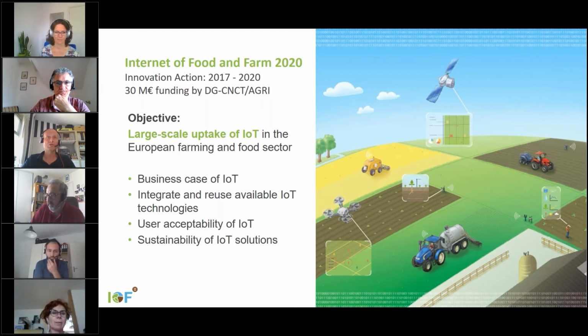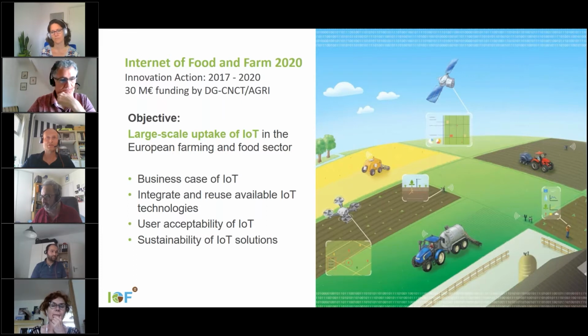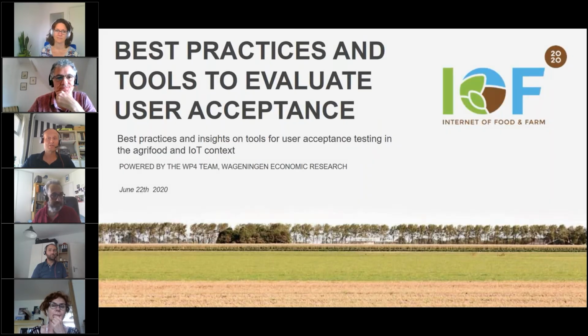This is a long-awaited first webinar in a series of more to come for 2020, and it's about best practices and tools to evaluate user acceptance. As you can see on this slide, it is powered by the WP4 team of Wageningen Economic Research, and I would like to introduce, of course, this topic furthermore.